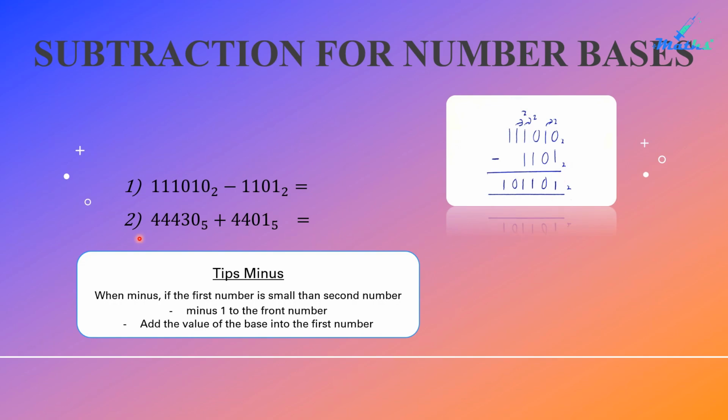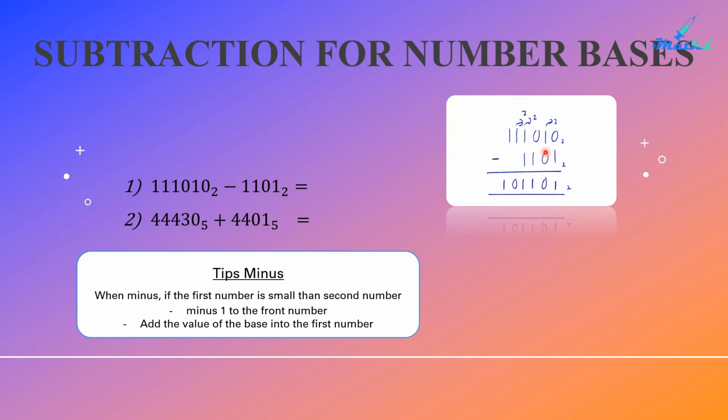So you can see the tips for minus: if the first number, which is 0, is less than the second number, which is 1, then you need to minus 1 from the front number, and add the value of the base number into the first number. So the base number is 2, so add it here, so 2 minus 1. 2 minus 1 equals 1, it's quite easy. Just write 1 here for the answer.